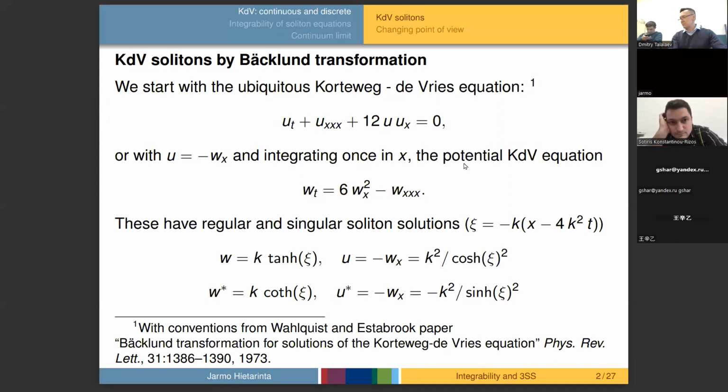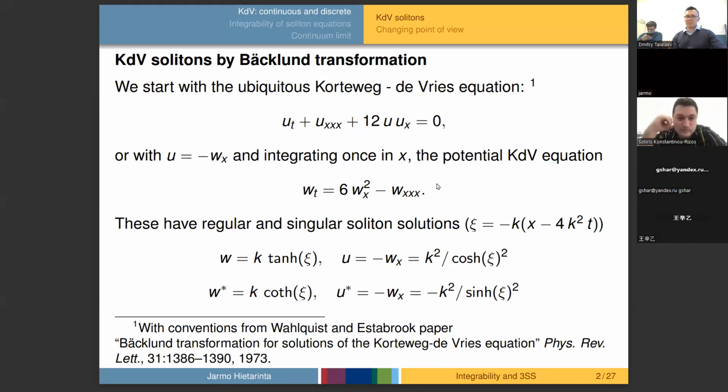Okay, so let's start. I'll be looking at the KdV equation. First, it's important to realize that there are two kinds of KdV equations. The normal one here and the potential one, and they are related by this derivative.